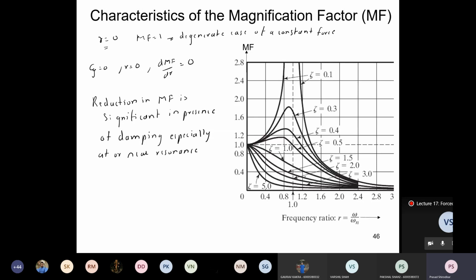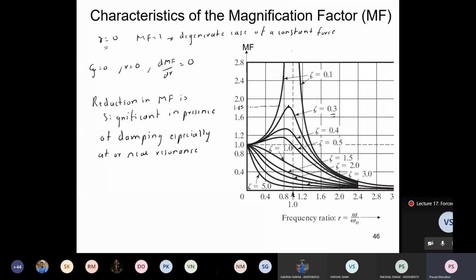If you see the region near resonance, that is when r is equal to 1, when zeta was 0, the magnification factor was infinity. As soon as you introduce some amount of damping, the magnification factor reduces. In this case, it is somewhere between 1.6 and 2.0, maybe something like 1.85.